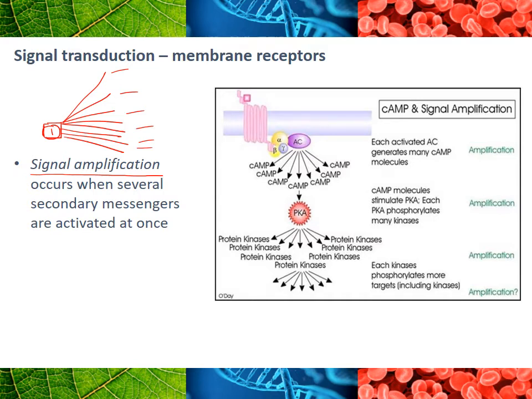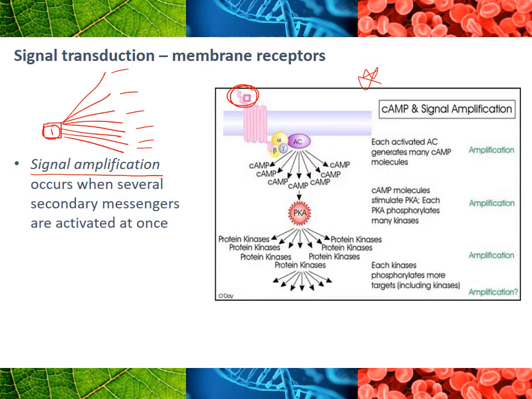Now, just listen carefully. I do not want you to look at this picture over here and think, oh, I don't know what any of those words are. You don't need to know this specific example. You need to know the term amplification, but you don't need to know this cAMP example. But if we look at this picture, this would have been our original receptor and our signaling molecule.